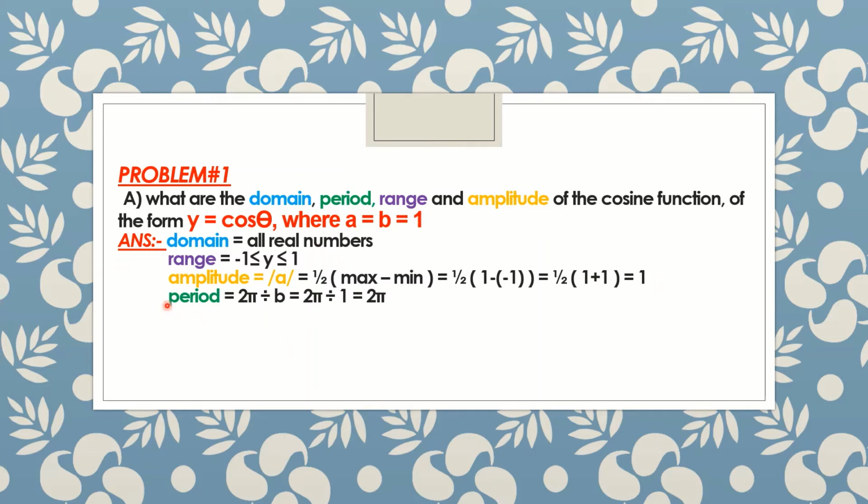And the period is 2 pi divided by B. In our case now, B is 1, so 2 pi divided by 1, which equals 2 pi.